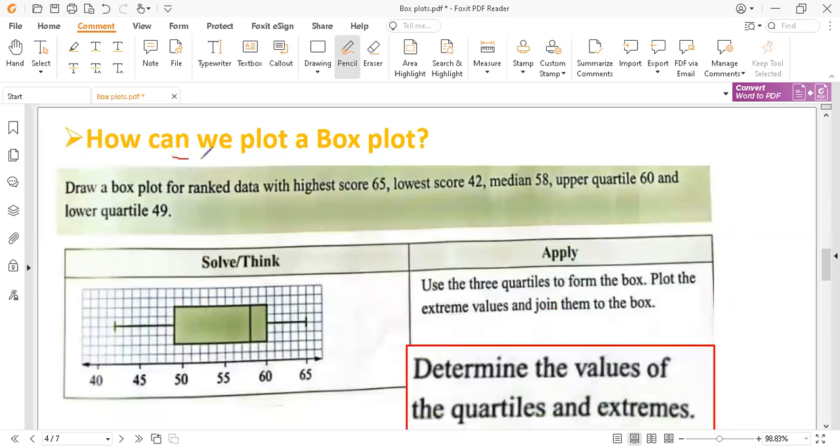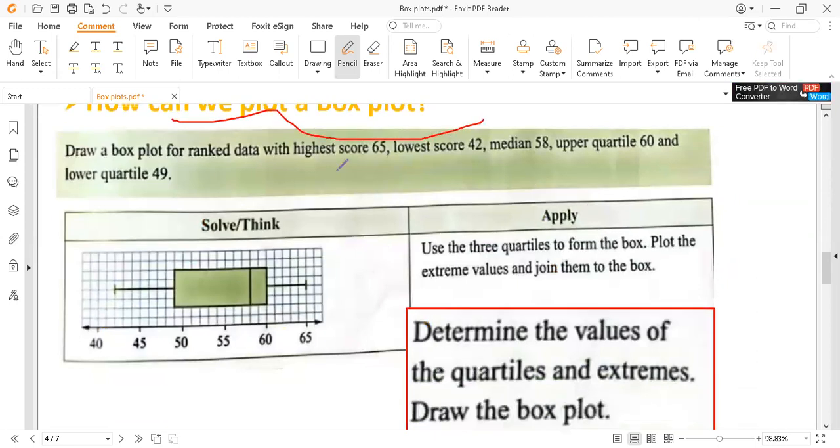How can we plot a box plot? It is easy. We need these five special elements: the lowest and highest scores, the lower and upper quartiles, and the median. We find here that the median is far away from the lower quartile and nearest to the upper.